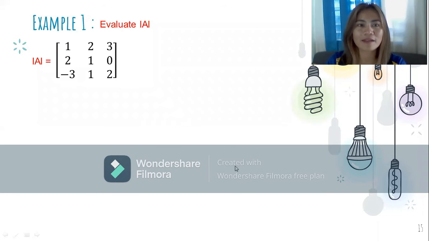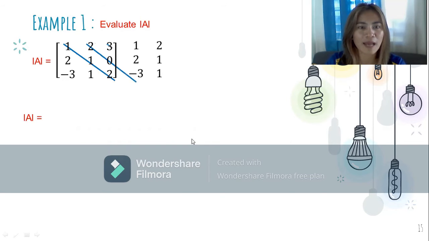Example number 1, find the determinant of the matrix A. So get the first and the second row outside. Then draw the blue lines. So these are the elements under the blue lines. And draw the red line. Then these are the elements under the red line.